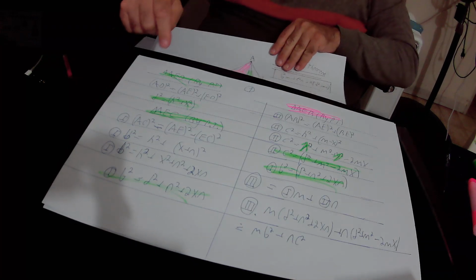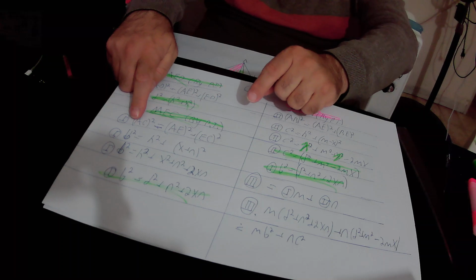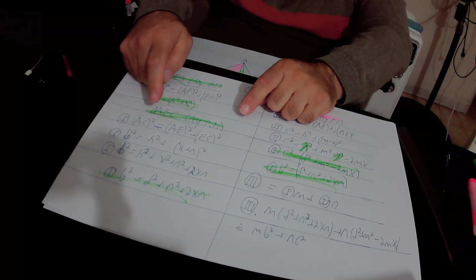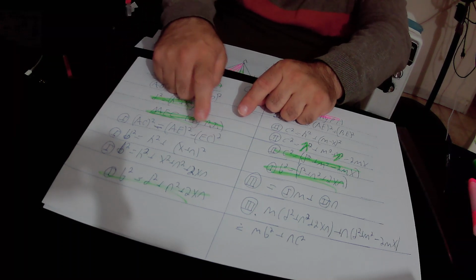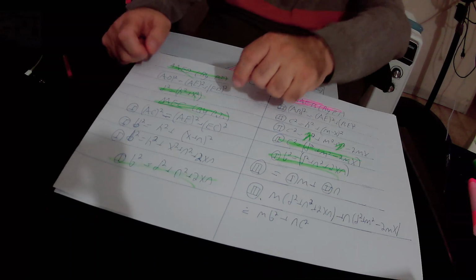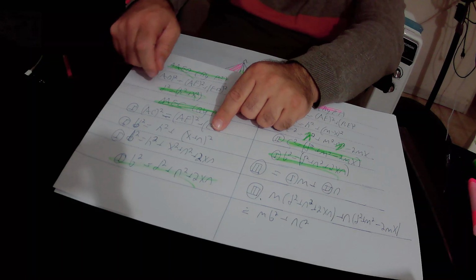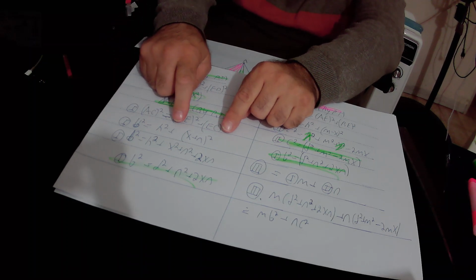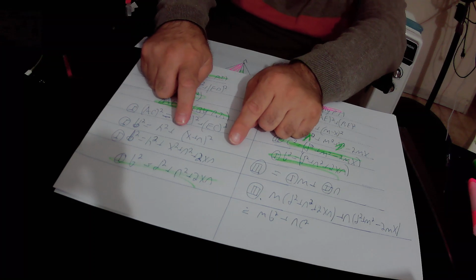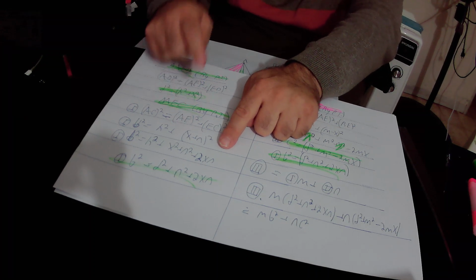Therefore, we get here that b square equals h square plus x plus n square. This is equation number 1. In the next step, we open the brackets of this side of equation number 1: x plus n square equals x square plus n square plus 2 times x times n.